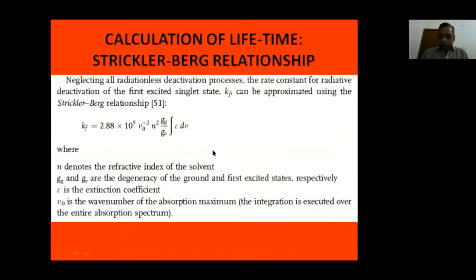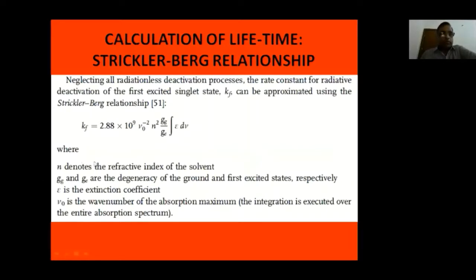It is also possible to calculate the rate constant of fluorescence deactivation mathematically by making use of an absorption spectrum. This is a simple approximate method, but still one can get a rough estimate of the lifetime. This is called the Strickler-Berg expression.